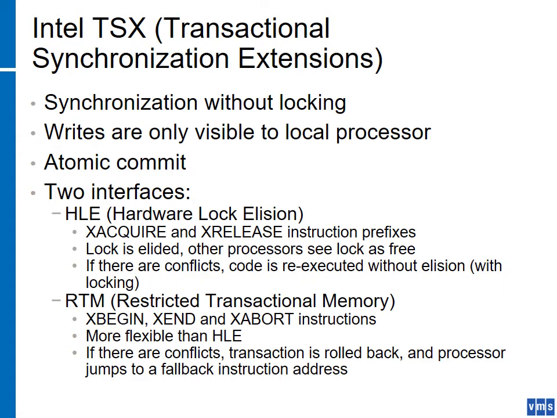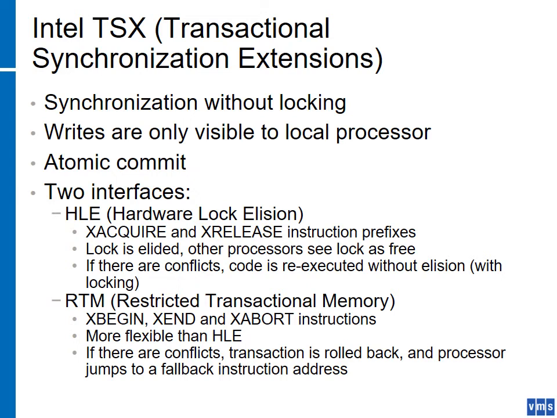So basically everything you change within that transaction happens atomically if you look at it from the other processors. The processor you're running on knows what you've changed, and if you try to read a value that you've just written, you're going to read the value you wrote. But if another processor reads that value, it's going to read the original value.